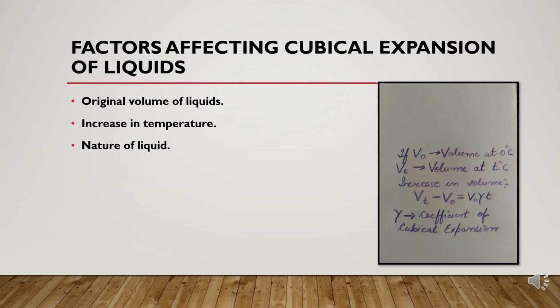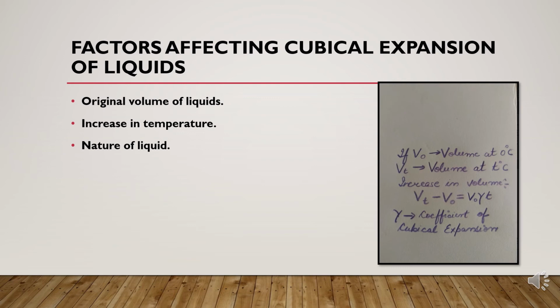This, as I told you earlier, depends upon the coefficient of cubical expansion, and it was denoted by the symbol gamma. So if V0 is the initial volume of liquid at a temperature of 0 degrees Celsius, Vt is the final volume of liquid at a temperature of T degrees Celsius. So remember how we calculated the increase in the volume?